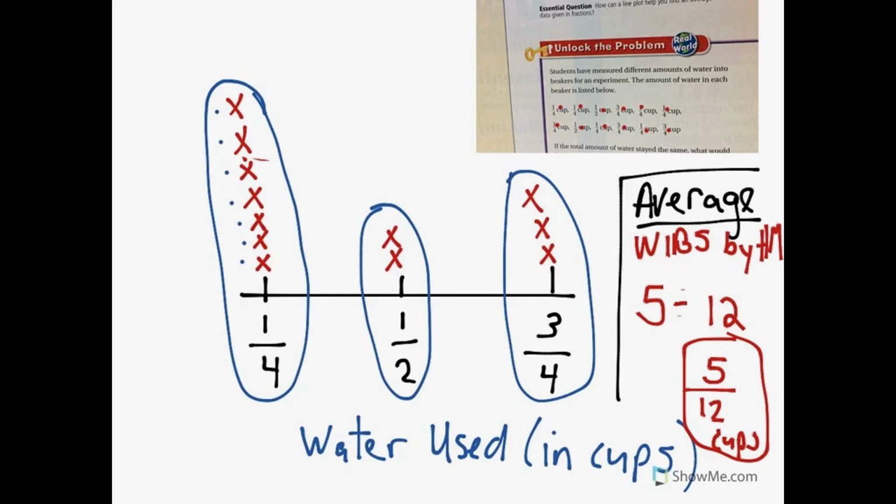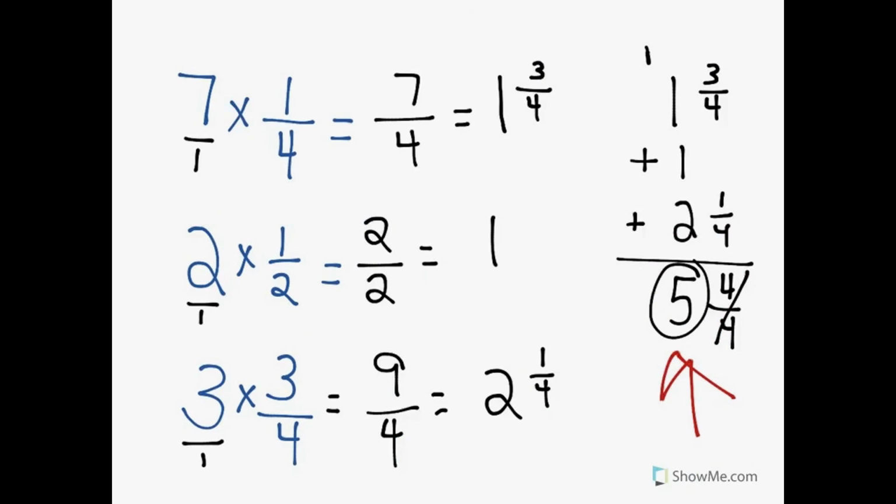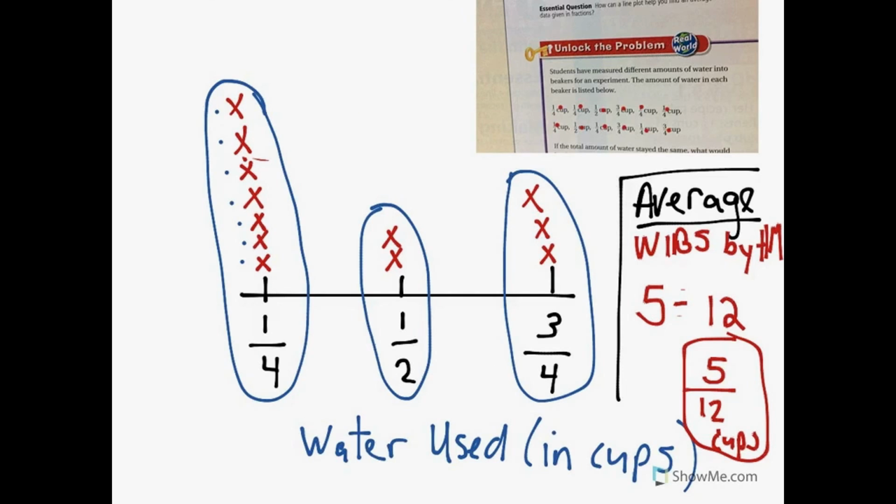And the number of beakers was 12 because we counted up all the X's. So your answer is 5/12. And that's how we use line plots to help us find an average when we're given the data in fractions. So it is covering a bunch of steps. It's plotting on a line plot, then multiplying fractions, adding fractions, and then you actually have to divide the amounts. But when you do your 5 divided by 12, you could just leave it in fraction form.